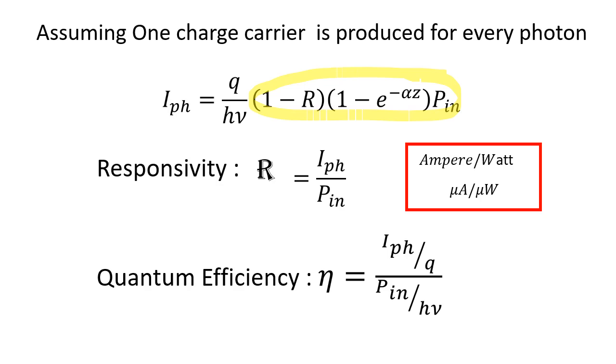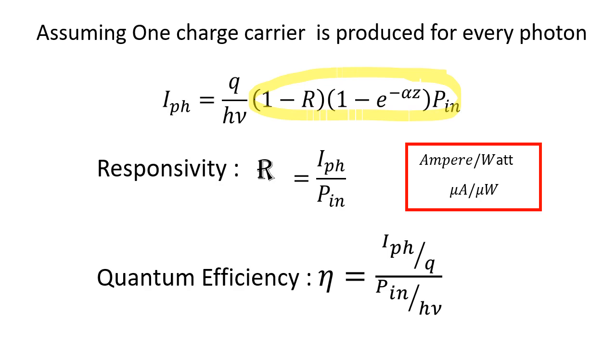So there are some intrinsic properties that we can associate with this device, which is simply this factor of 1 minus R times this exponential factor 1 minus exponential minus alpha z, right? This is a characteristic that completely characterizes the detector material, right? And if you think about it, you have the amount of photons which are coming in, right?